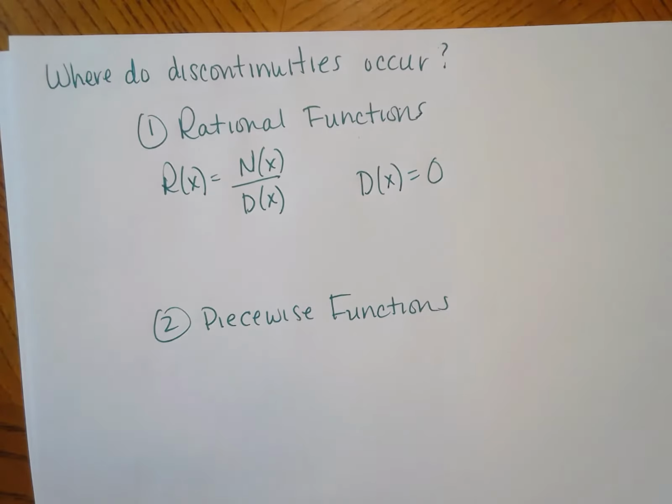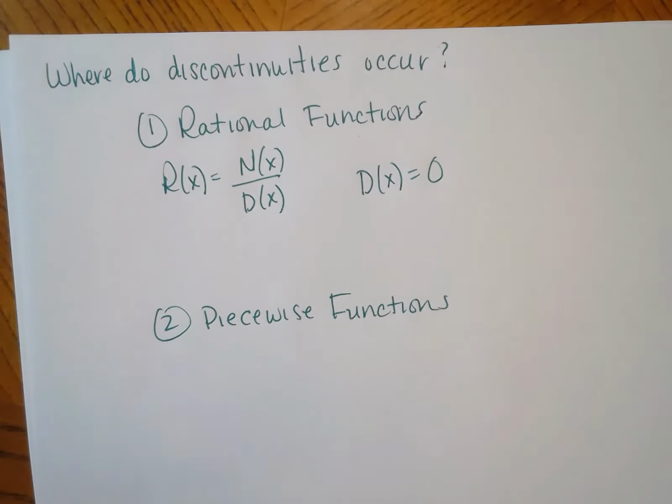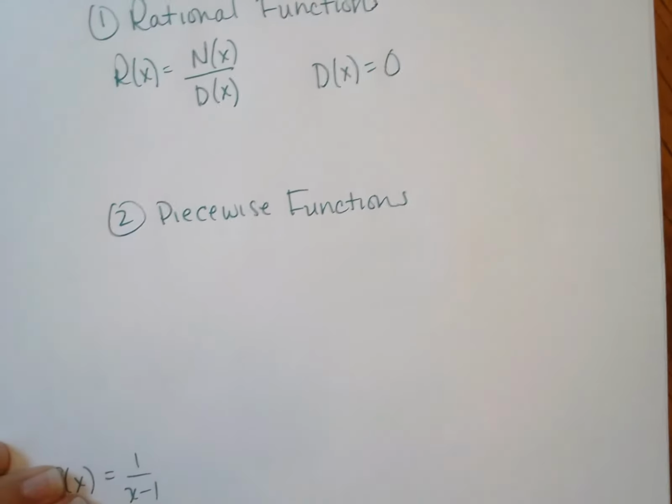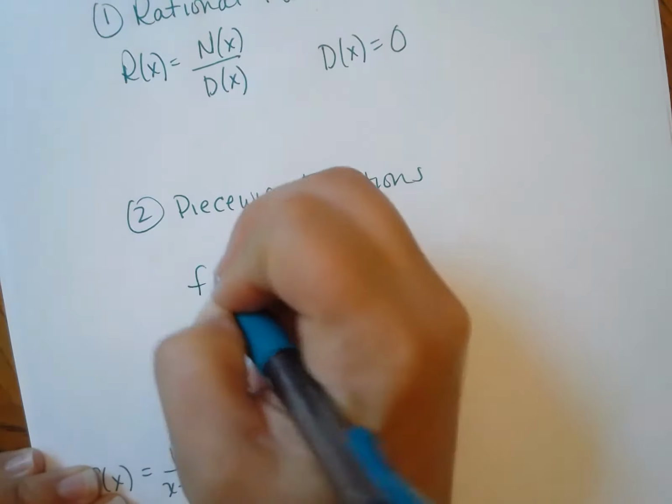Okay, absolute value, they're continuous everywhere. Most of the functions that we have dealt with are continuous, so these are the ones that we're going to find where we're going to have discontinuities. Piecewise functions also we need to look at. So piecewise functions, right, it's a graph that's defined in pieces.